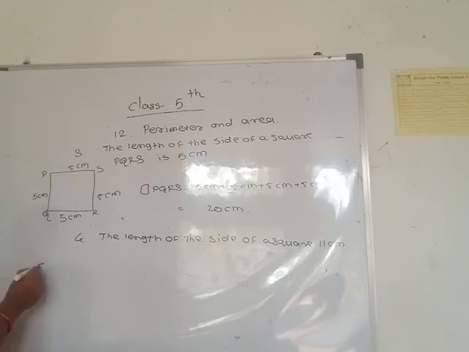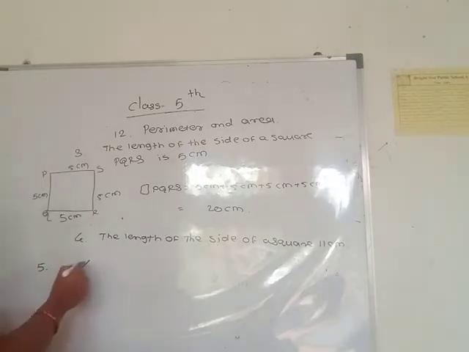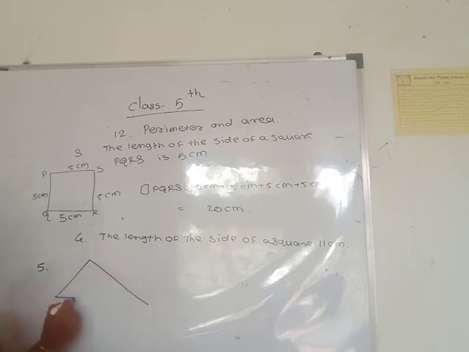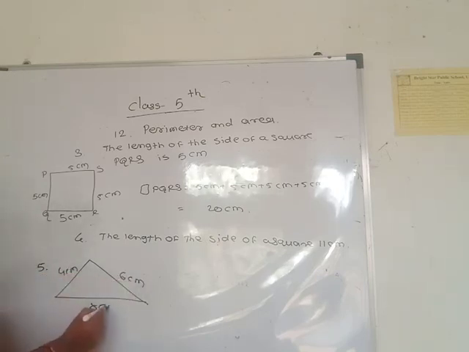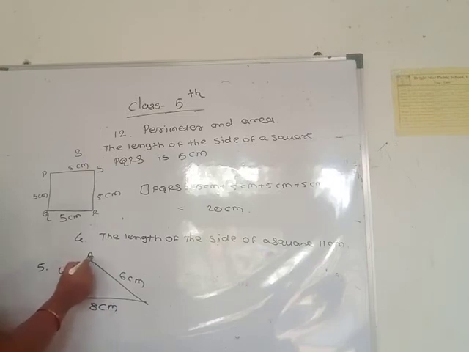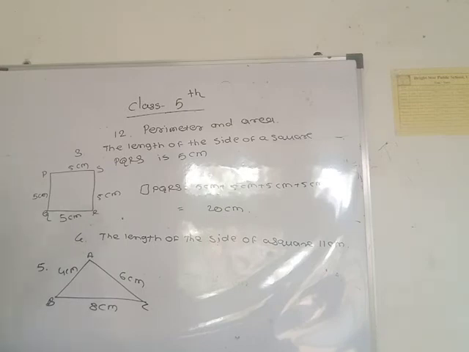Then next one, the fifth one, see here. A triangle figure is given: 4 centimeter, 6 centimeter and 8 centimeter. ABC. In triangle ABC, the length of side AB is 4 centimeter, the length of BC is 8 centimeter and the length of CA is 6 centimeter.